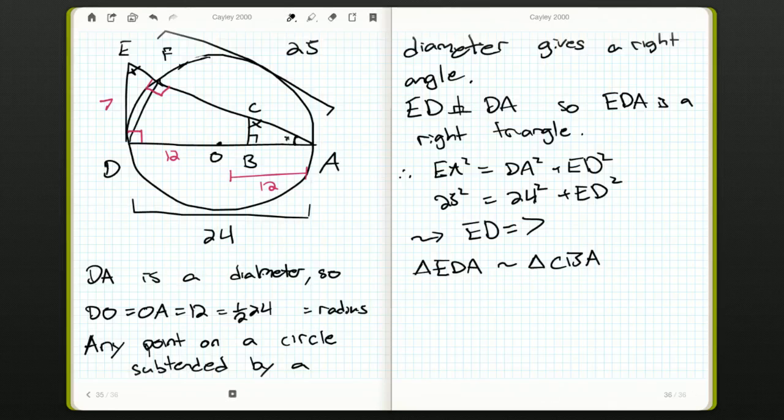And if we call this angle X, we see that we also get a little angle X in here. So we can also see that EDA is similar to EFD.